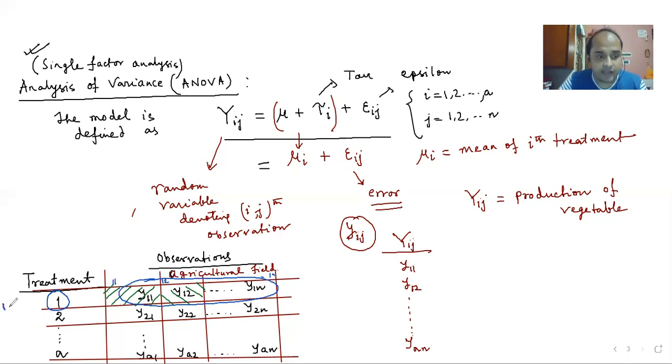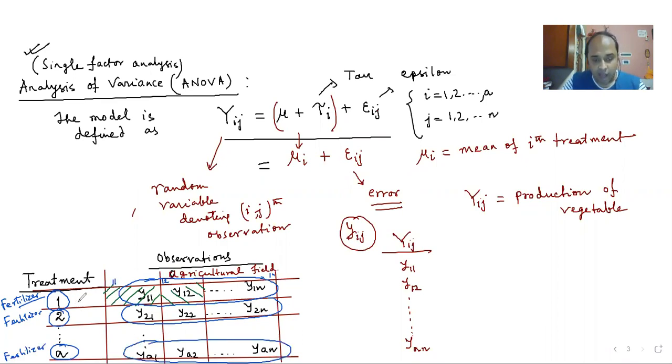Fertilizer 1 has been used in this block. Fertilizer 2 has been used in this block. Fertilizer A has been used in that block. So how many fertilizers are there? Small a fertilizers are there.